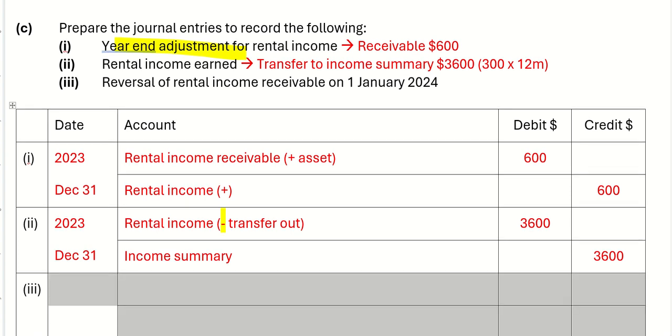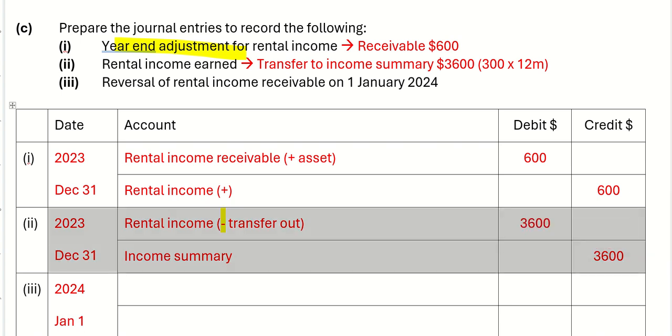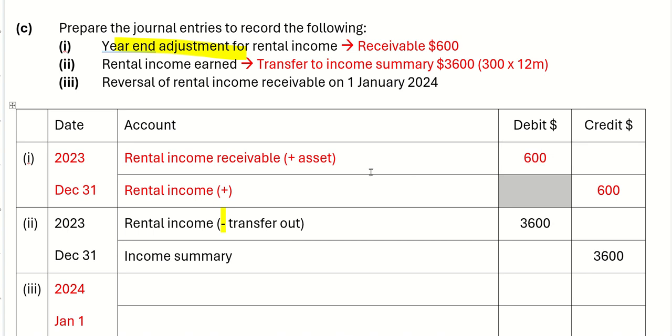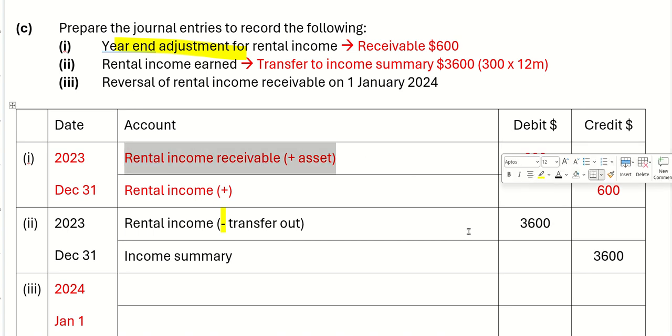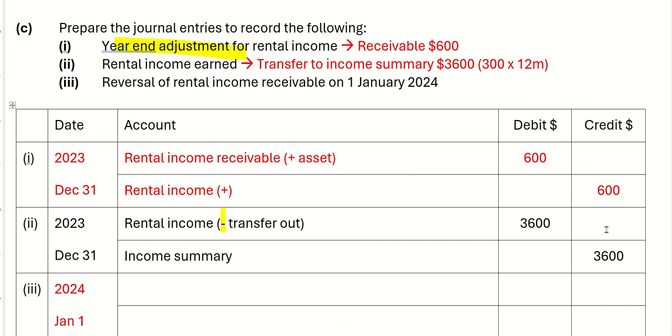So clearly, the date here will be 2024, January 1st. And which one am I referring to? Am I referring to 3,600 or 600? Yes, you are referring to this in red, 600. Whatever you debit, you must now credit. Whatever you credit, you must now debit. So you will have something like this. You're going to minus away your asset, minus away income receivable.